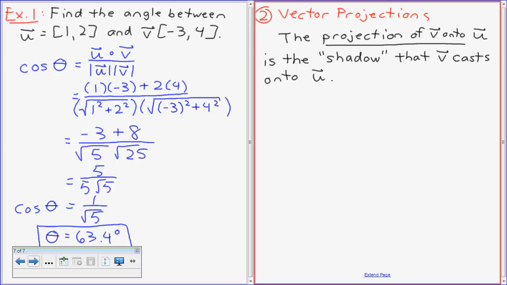Okay, so here's one of my diagrams. I'll get out of the way and explain it. So this is very similar to the diagram that we dealt with yesterday of dot product to begin with.